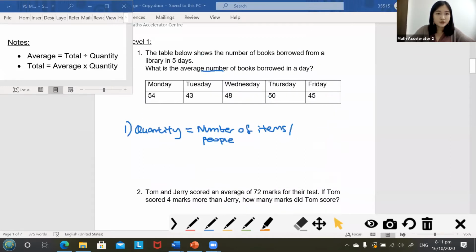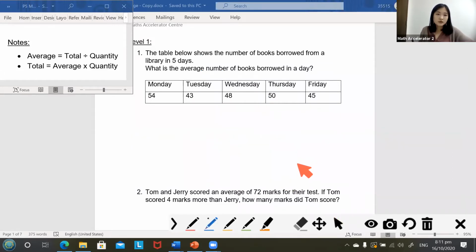Let's look at the first question. The table below shows the number of books borrowed from a library in 5 days. What is the average number of books borrowed in a day? So they want the average of the 5 days.